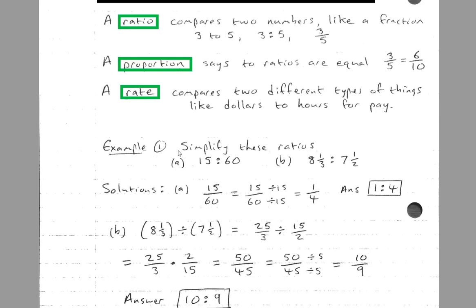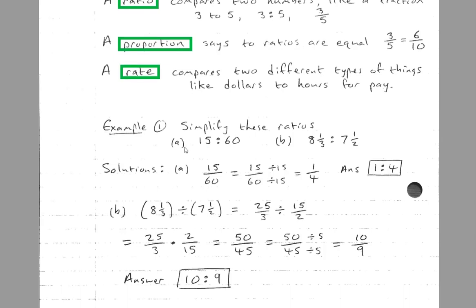Example 1, simplify these ratios. So part A, we have the ratio of 15 to 60. To simplify this just means write it as a fraction and then find any common factors and cancel them.